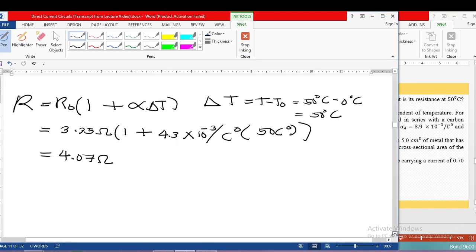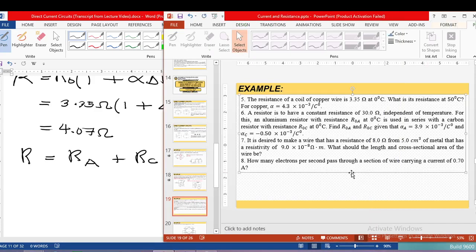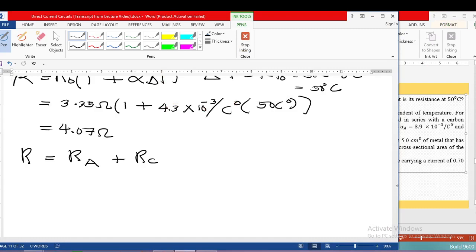Since they are in series, we assume that the equivalent resistance is just equal to the resistance of the aluminum plus the resistance of the carbon, right? Since they are in series. Here, the resistances are dependent on temperature.